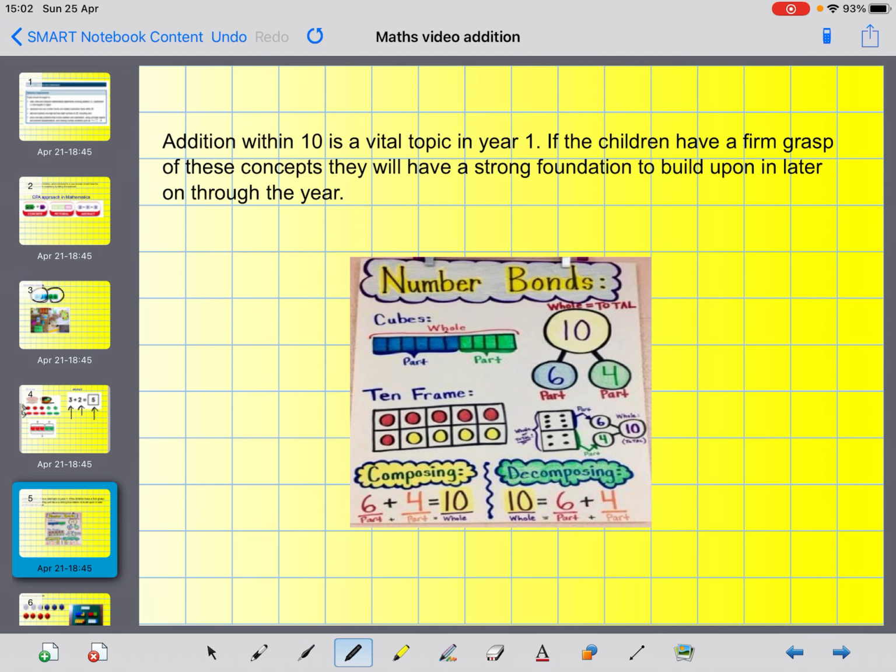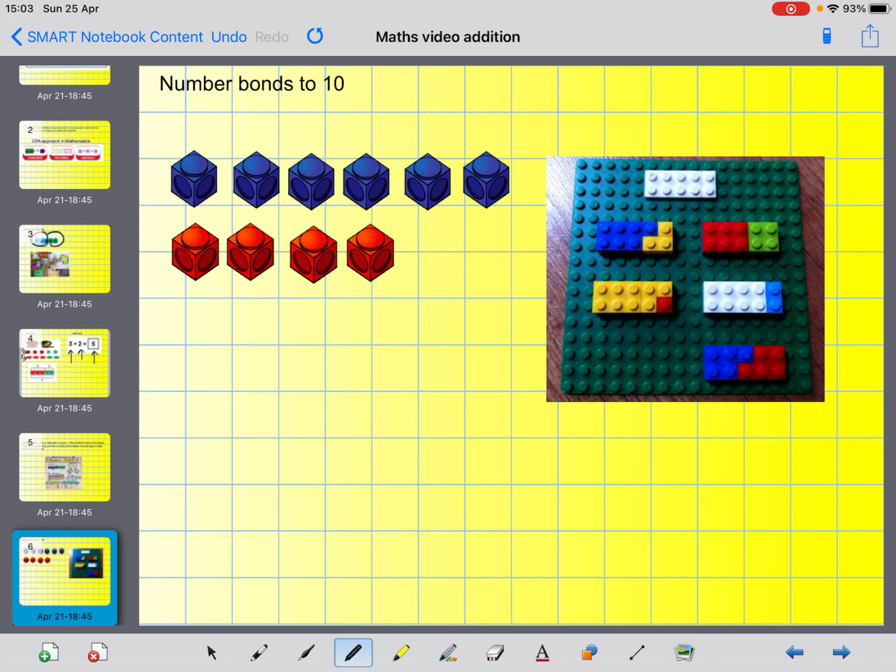So let's look at the concrete strategy using cubes. We'll be using lots of different objects. For example, in this slide you can see the cubes. You also might use at home some Lego, some pieces of pasta, maybe some beads as well. We look at the cubes, we move them around.